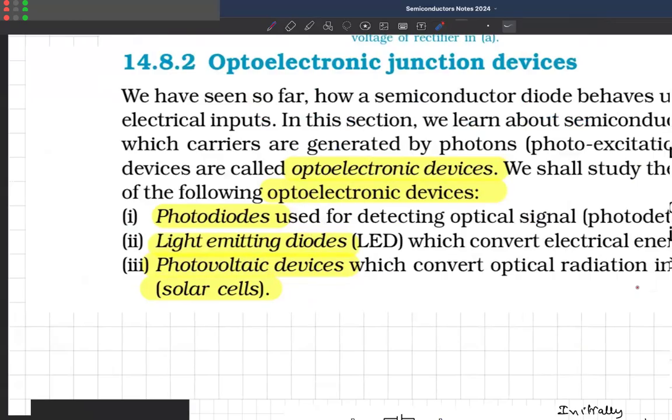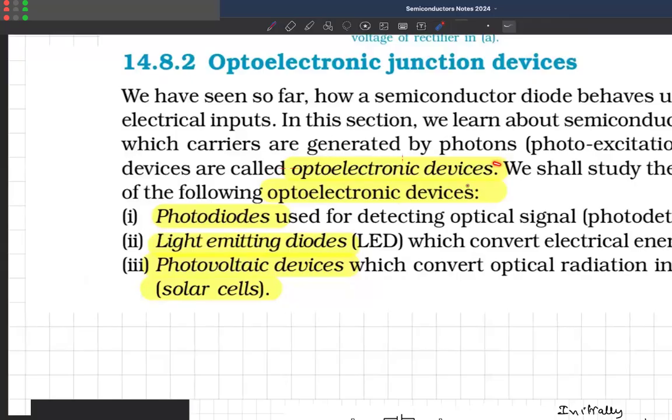See, optoelectronic junction devices, purely semiconductor devices. The same PN junction diode we will operate it in different ways, and one such area is optoelectronic devices. And all these are related to interaction of the diode with light.